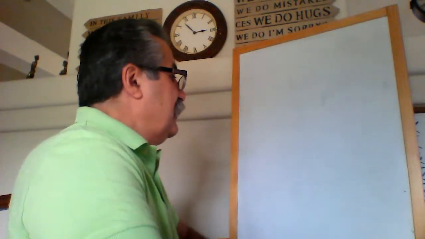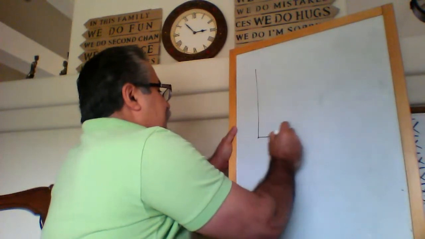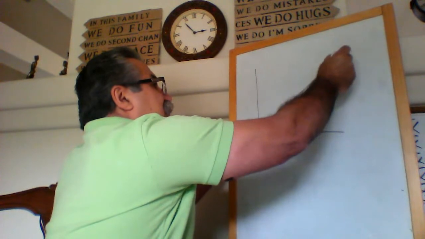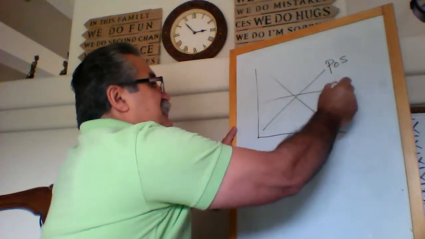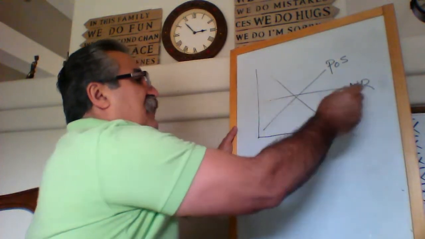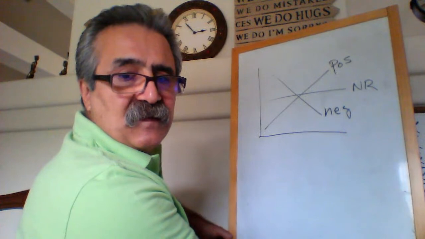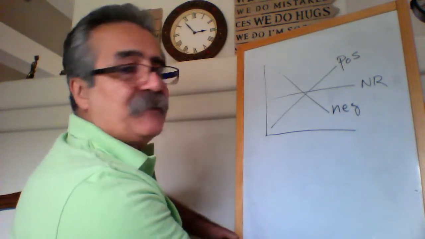If there is a positive relationship, the scatter diagram and trend line would look like this. And if there is a negative relationship, and if there is no relationship, we have the horizontal line. If you guys remember this from chapter 2 and chapter 3.